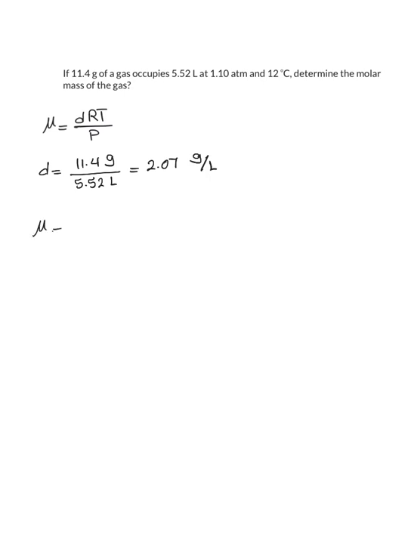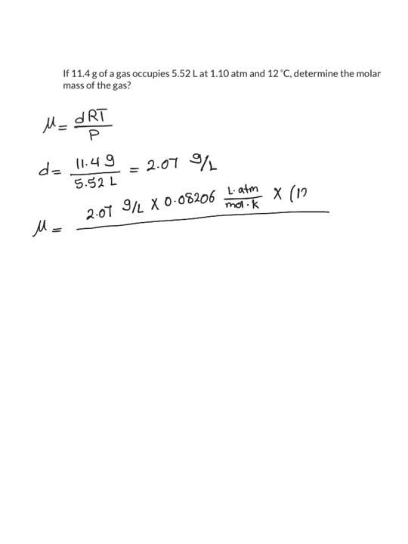Now the molar mass is the calculated density, gram per liter, times the gas constant 0.08206 liter atmosphere per mole Kelvin, and the temperature, 12 degrees C, so I add 273 to that to convert it to Kelvin, divided by 1.10 atmosphere.